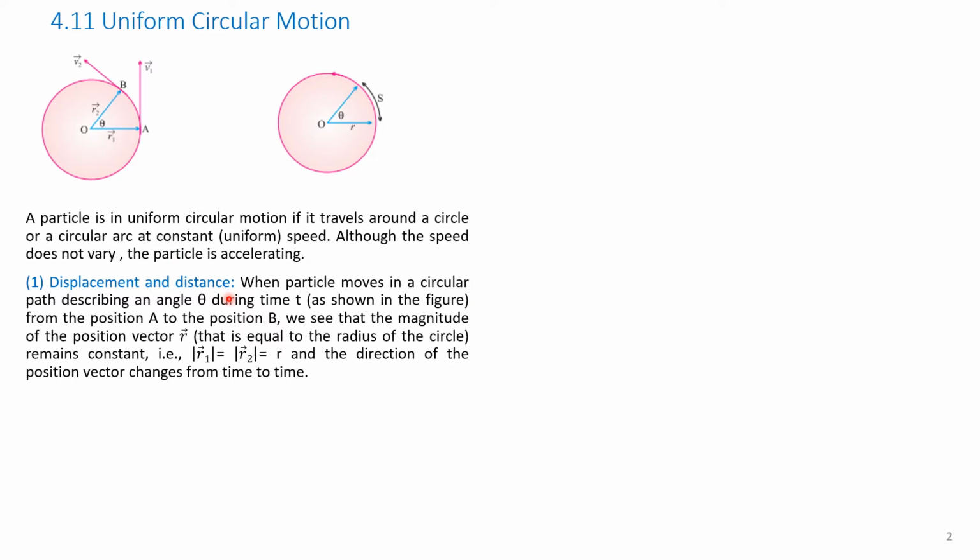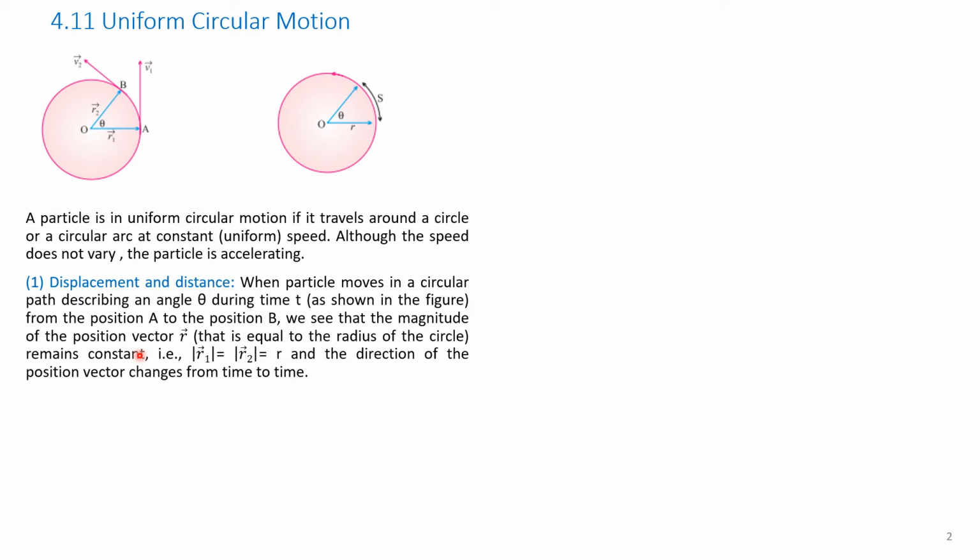Displacement and distance. When a particle moves in a circular path describing an angle theta as shown in the figure during the time t from position A to position B, we see that the magnitude of the position vector r, which is equal to the radius of the circle, remains constant.